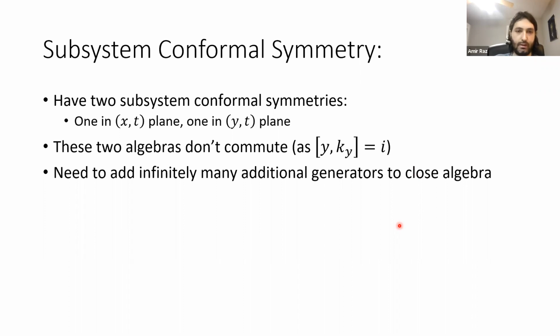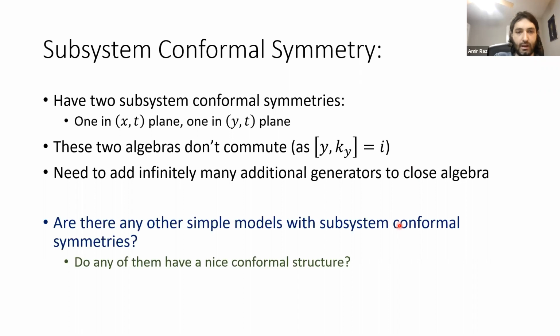It does seem to be very large. And so now that we have found that this conformal structure, even if we don't necessarily understand it, definitely exists in such theories, we can ask if we can come up with any other simple models that also have the same behavior.